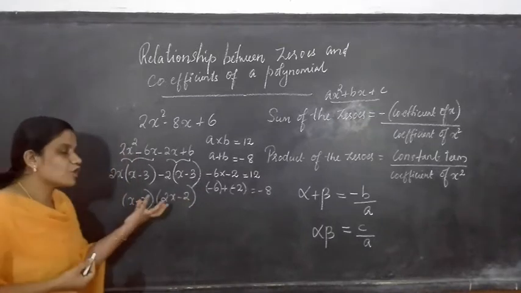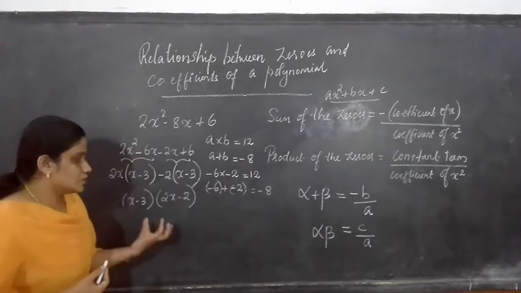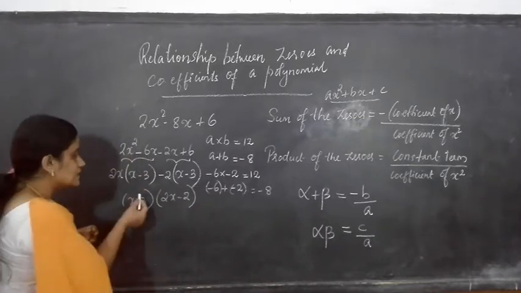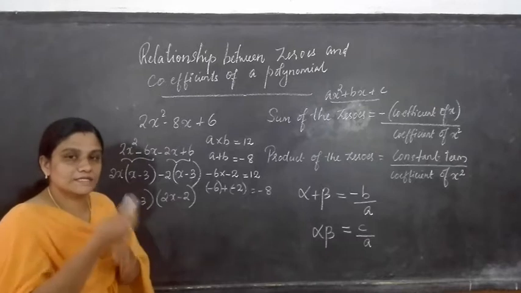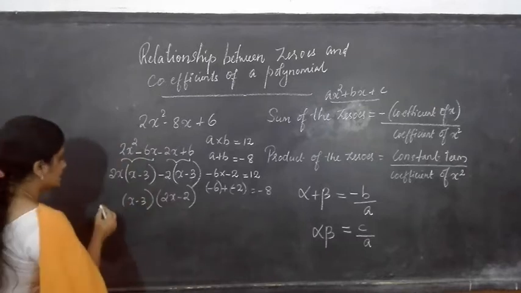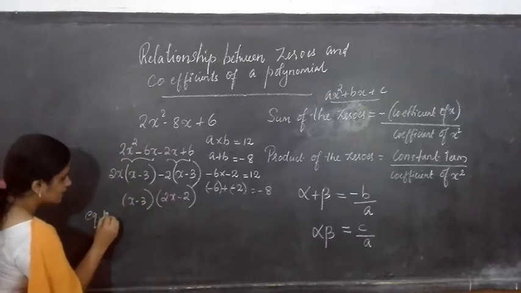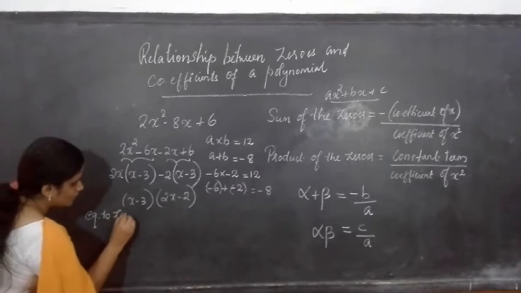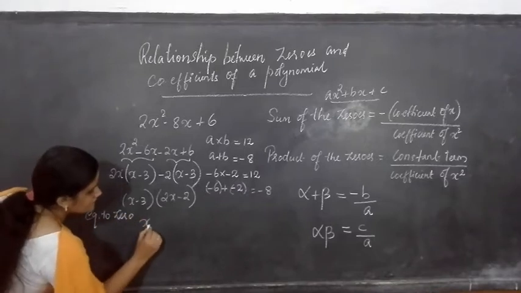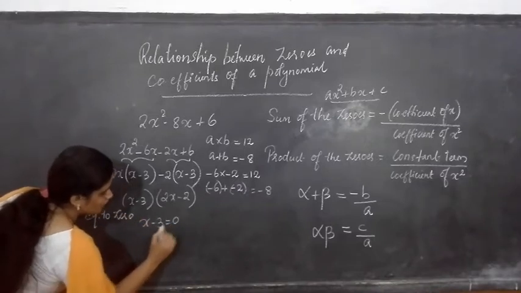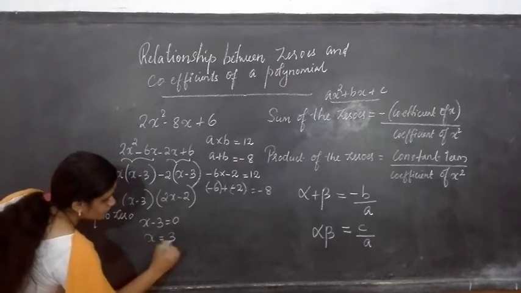Now we have to obtain the zeros. So we are equating these factors to 0. x minus 3 is equal to 0, where x is equal to 3.